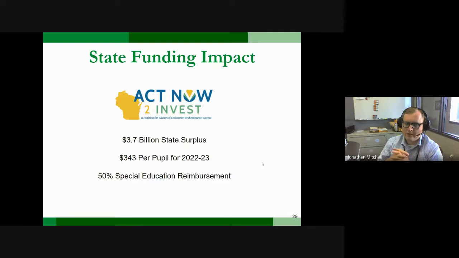It's a coalition of businesses throughout the state, and schools and nonprofits, that have advocated for investing $343 in new spendable revenue per student for the 22-23 school year and increasing the state level special education reimbursement to 50%, and reallocating a portion of the estimated $3.7 billion state surplus for the current biennium, in order to make this investment in schools and assist schools with keeping up with the complexity and investment in special education programming and inflationary costs per student.